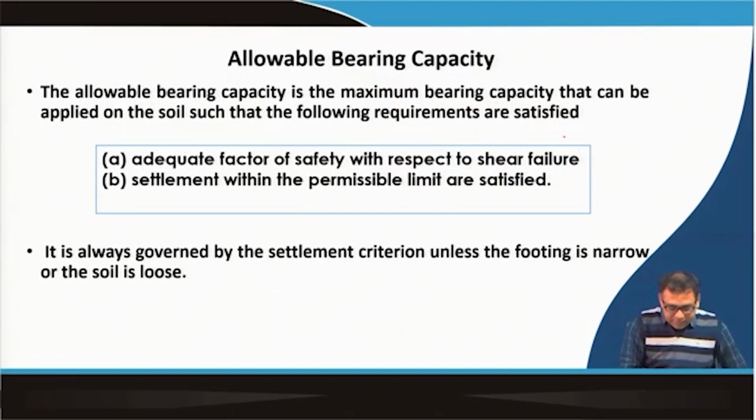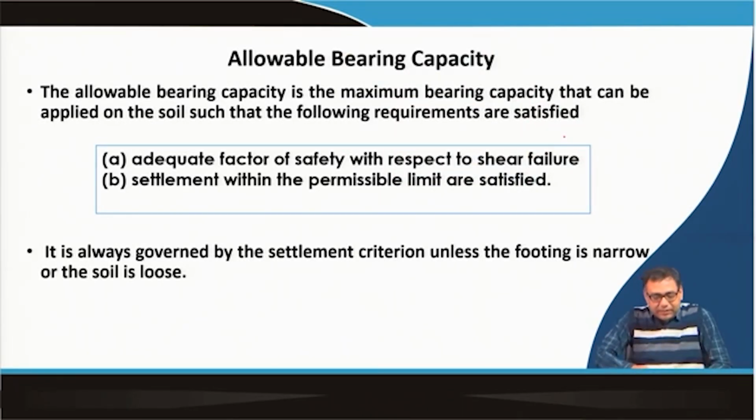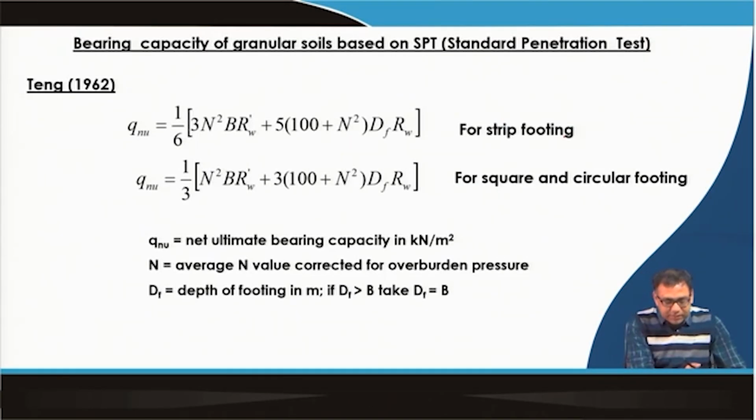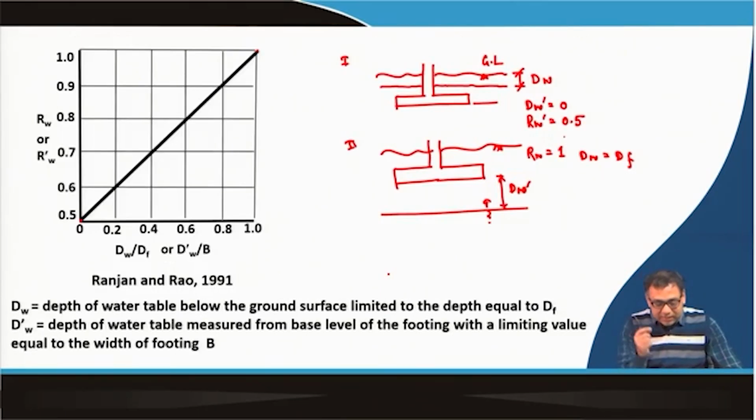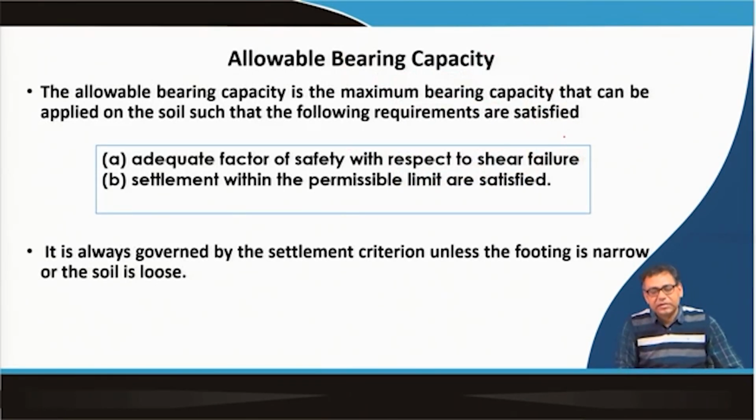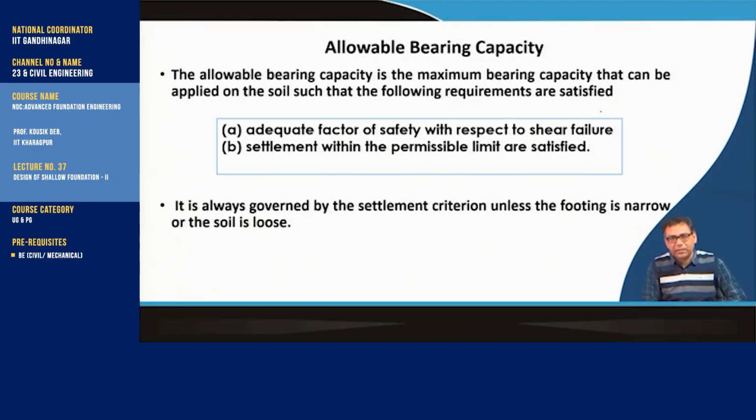Now, the next one: this bearing capacity equation using the SPT value gives the net ultimate bearing capacity, that means it is in terms of bearing capacity only. Empirical correlations are also given considering the settlement as well as the bearing consideration.